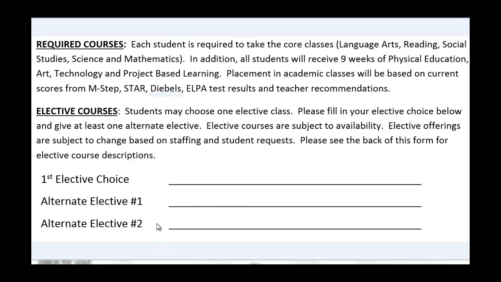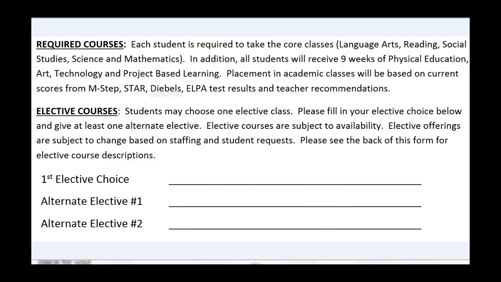I also need to have at least one alternate elective. In case your form comes in after the course has been filled and there are no spaces for students, we'll need a backup plan. This alternate elective is the one that you would like in case you don't get your first choice. If there are 3 electives that you're interested in, you can also fill out the alternate elective too.